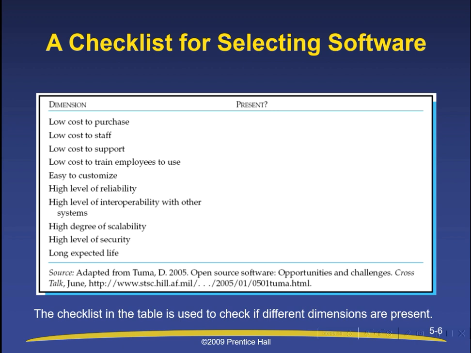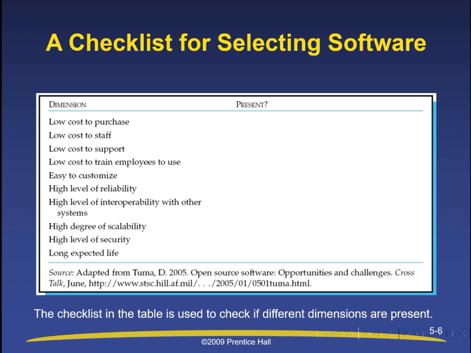The checklist in the table is used to check if different dimensions of the software were present. Looking at the list in the diagram, we can see a list of software dimensions, and we can also see a column to show if they're present or not.